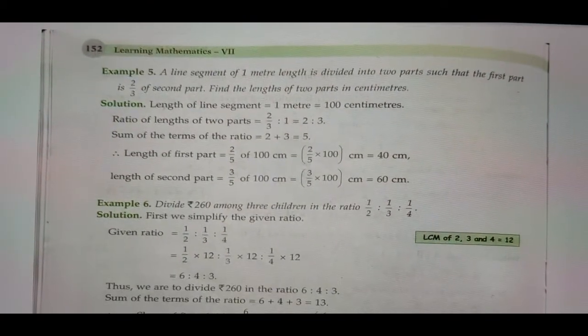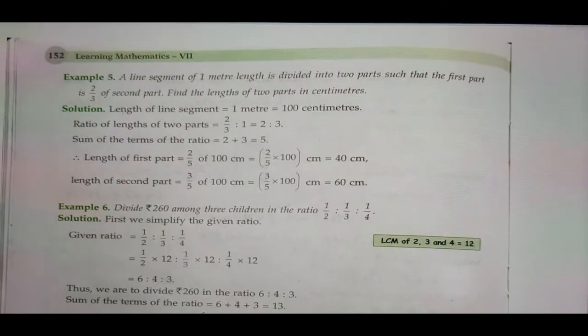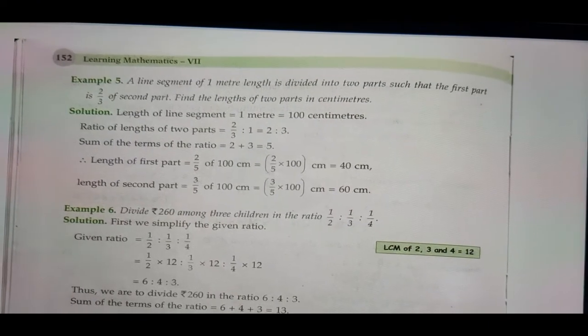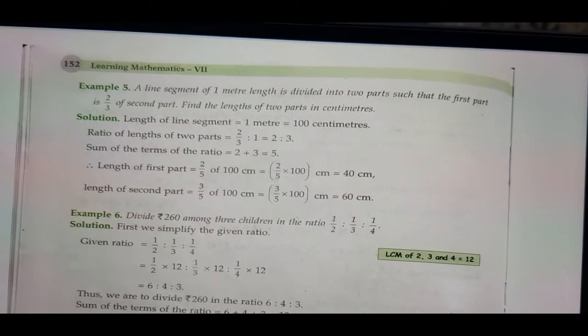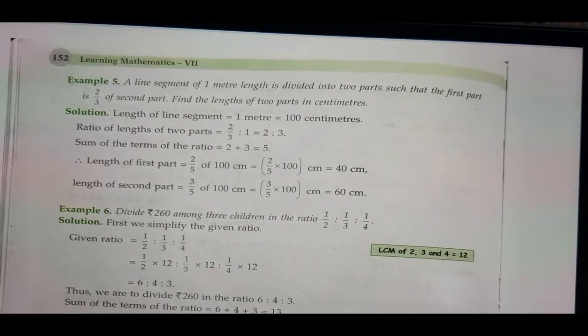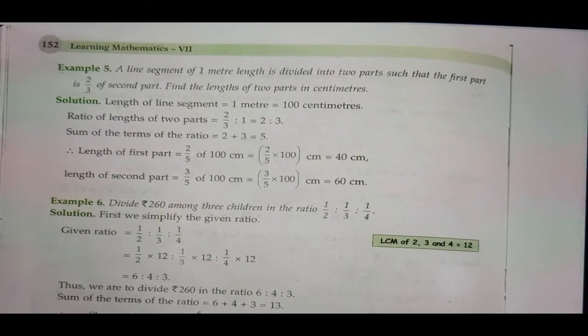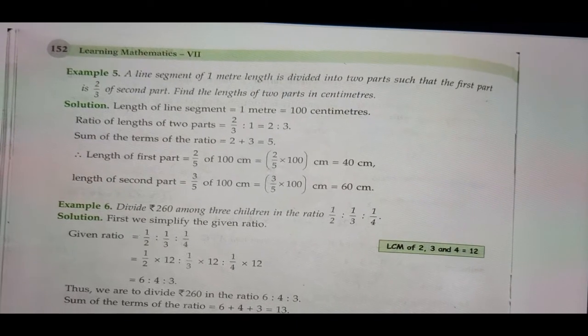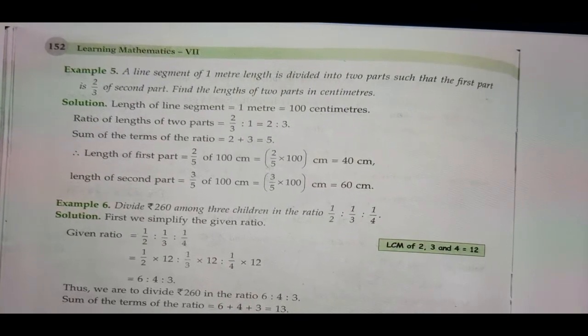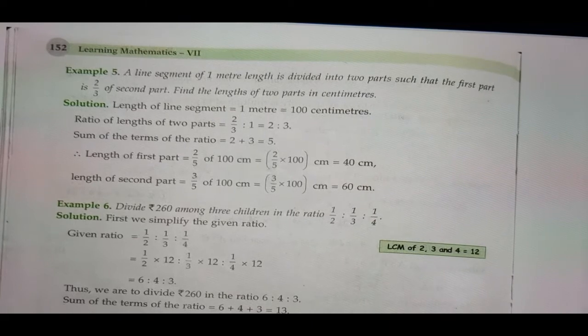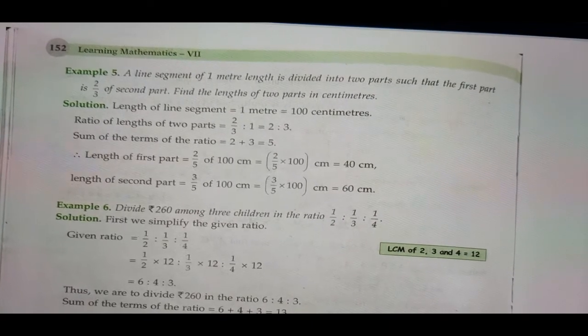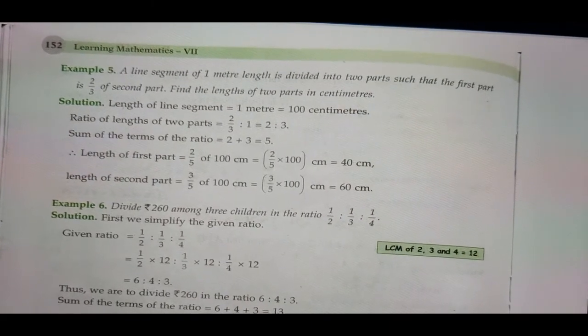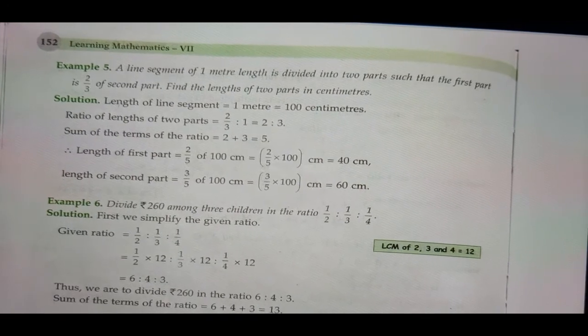A line segment of 1 meter is divided into two parts such that the first part is 2/3 of the second part. Find the length of the two parts in centimeters. So in this, first statement is the length of the line segment is 1 meter, means 100 centimeter. Ratio of the two lengths is given, 2 upon 3 is to 1, first part is given 1.